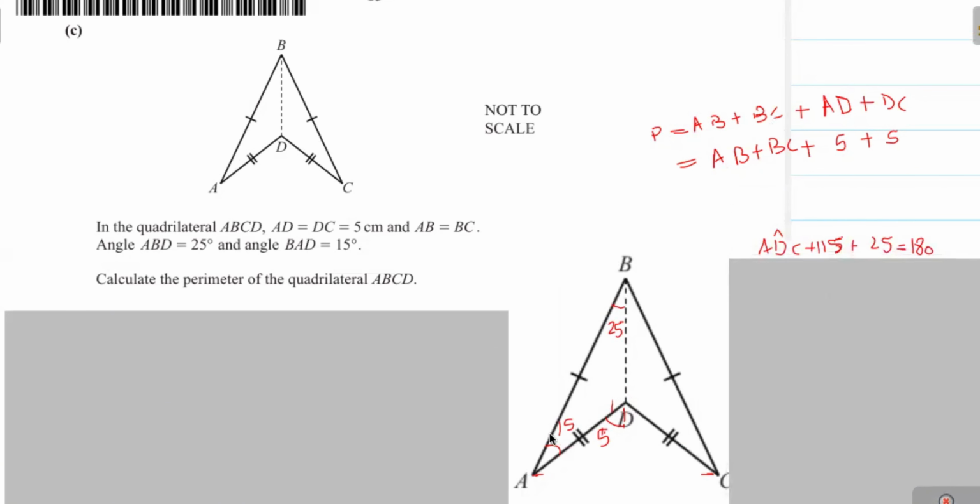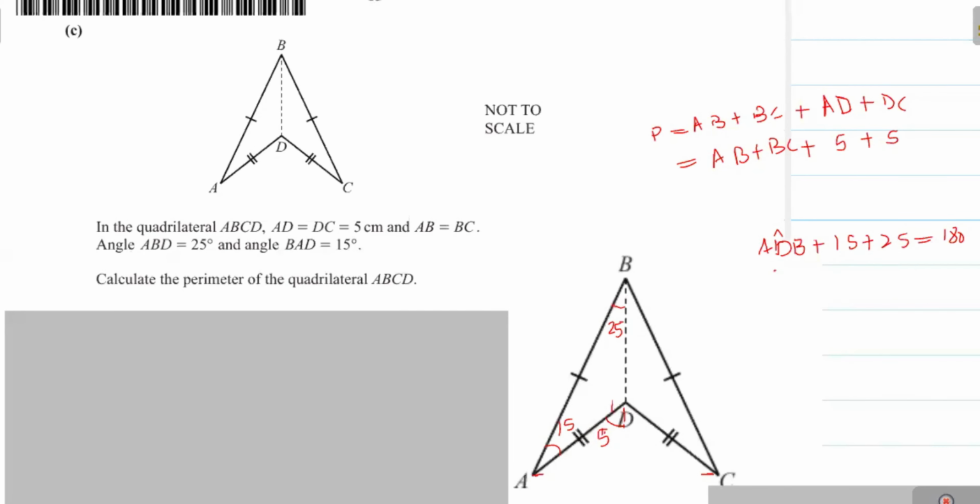Therefore, angle ADB will be equal to 180 minus 15 minus 25, which is 180 minus 40. Therefore, we can write 140. This is the angle 140.